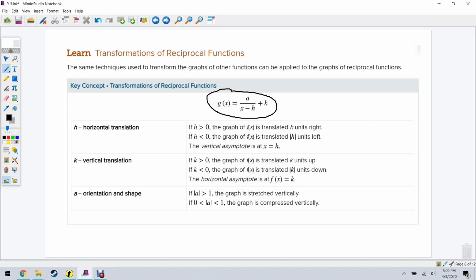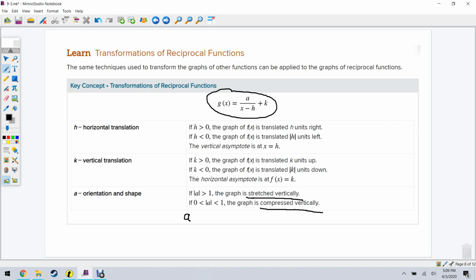Okay, and A, if A is a number more than 1, remember we said it's a stretch vertically. If that number is between 0 and 1, it's compressed vertically. You can imagine that we are talking about the positive A's.